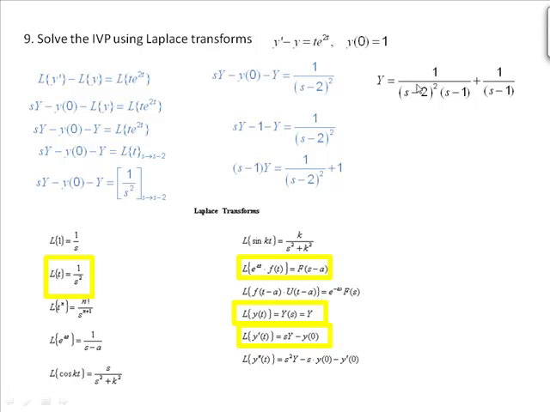And then once it's solved for y, when you apply the inverse transform, you get the answer to the equation. And this is where most of the work typically comes in, rewriting these fractions so that you can apply the inverse Laplace transform.